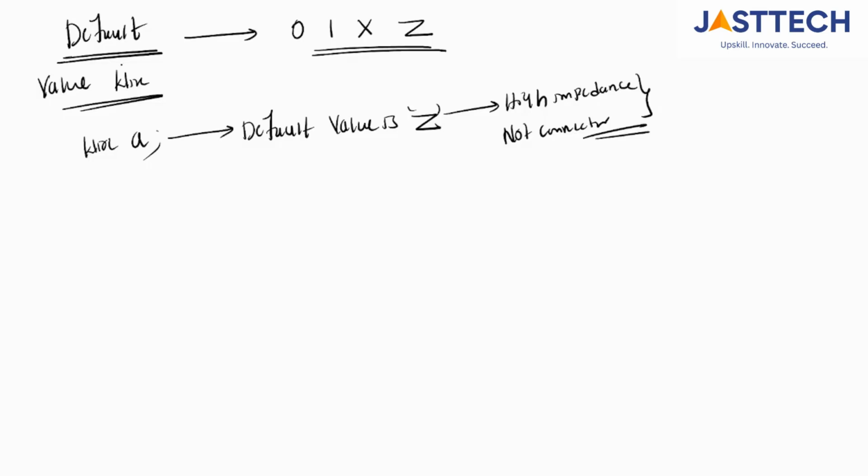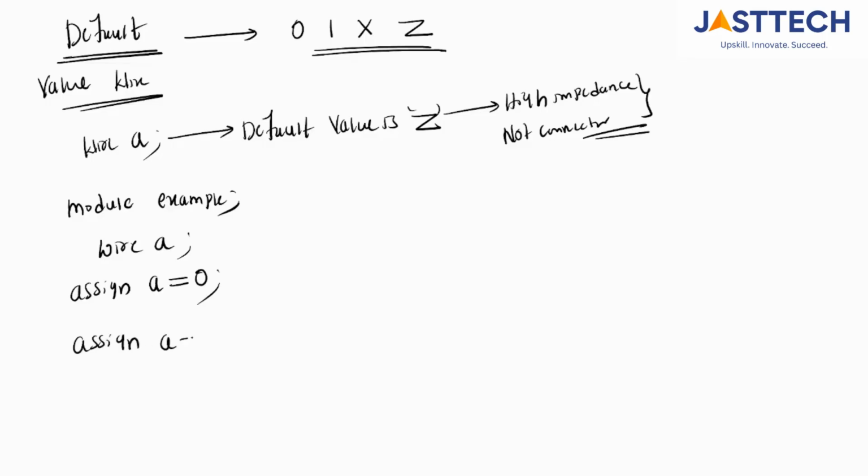Suppose I consider one module example. Let us take module example, I am using wire A. I am using assign A equal to 0, and I am using assign A equal to 1.